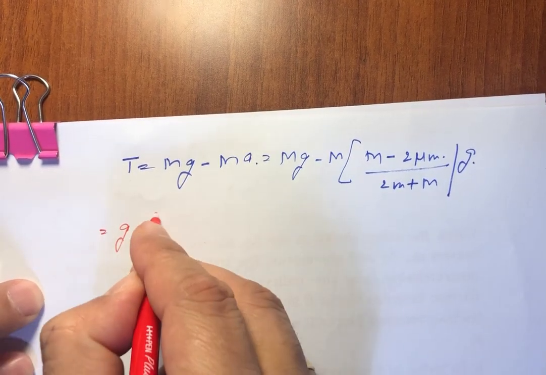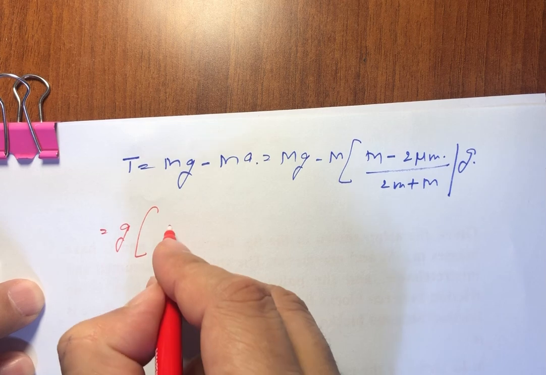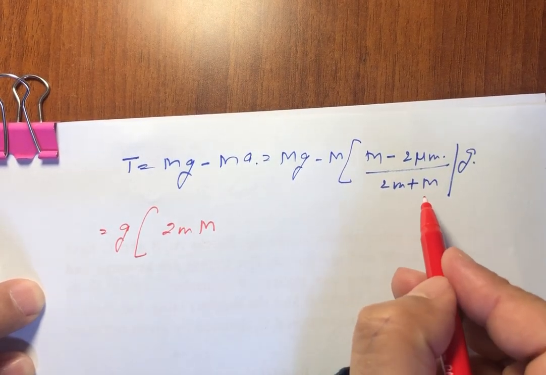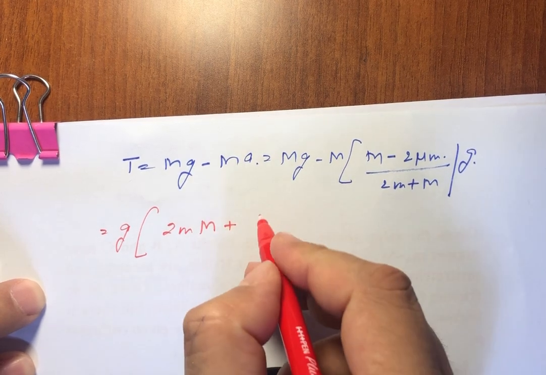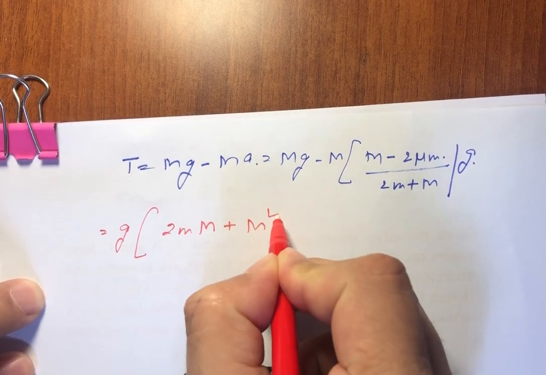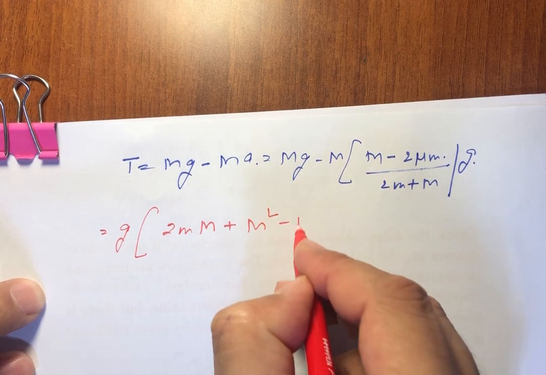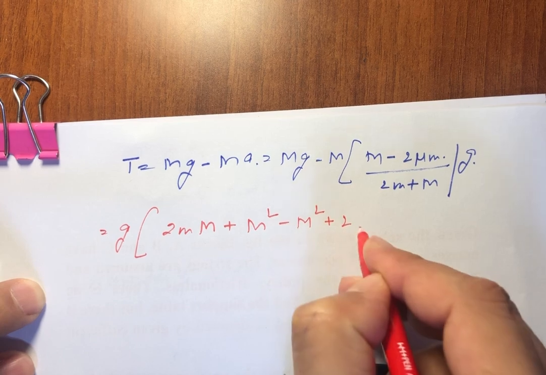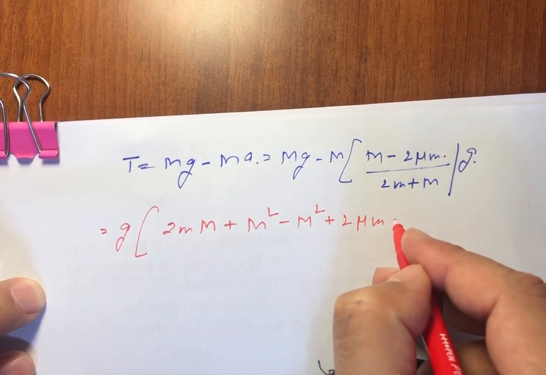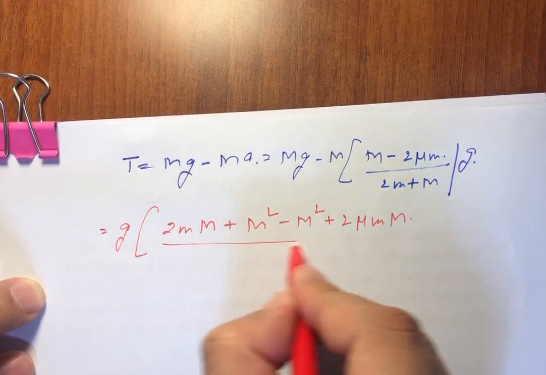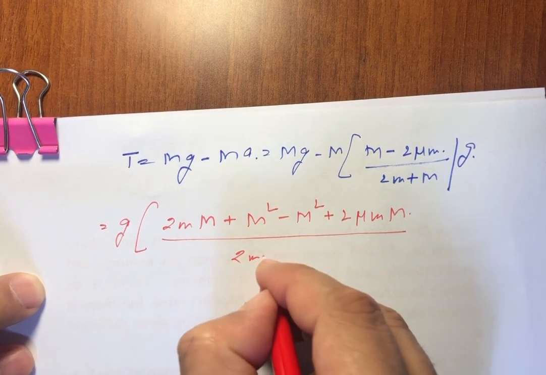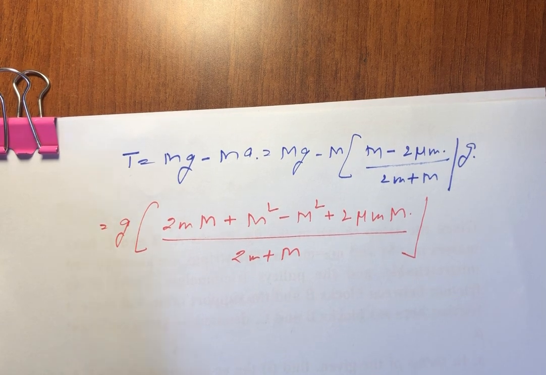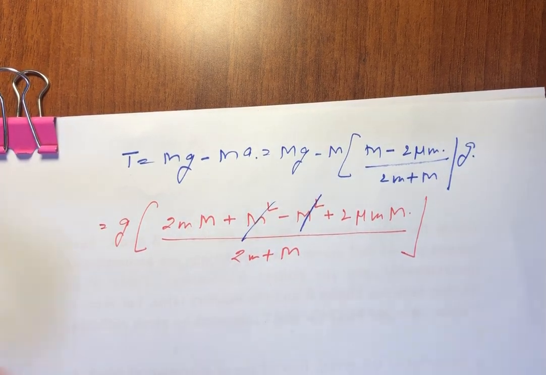Taking LCM also, we have 2m multiplied by m, and this will be plus m square, and we have minus m square, and this will be minus and plus 2 mu m into capital M divided by 2m plus M. This m square cancels out with m square.